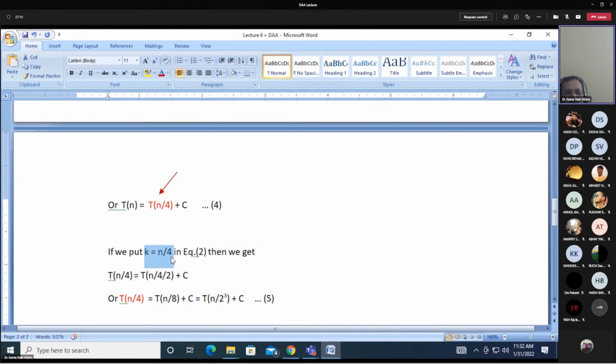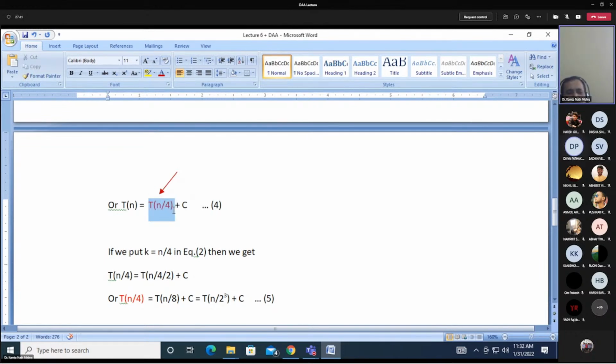So we are putting k equals n by 4 in equation 2, in order to get the value of Tn by 4.